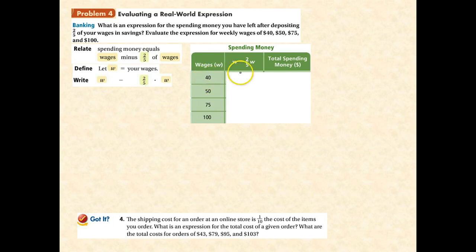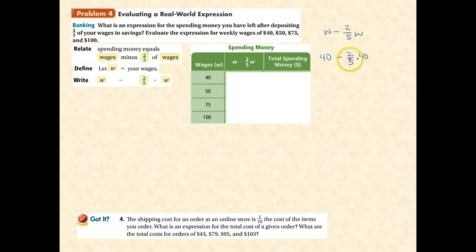So for 40, we're going to do, let's see, we got W minus 2/5 W. So that's 40 minus 2/5 of 40. Well, how do we do 2/5 of 40? That's what we have to do first, right?